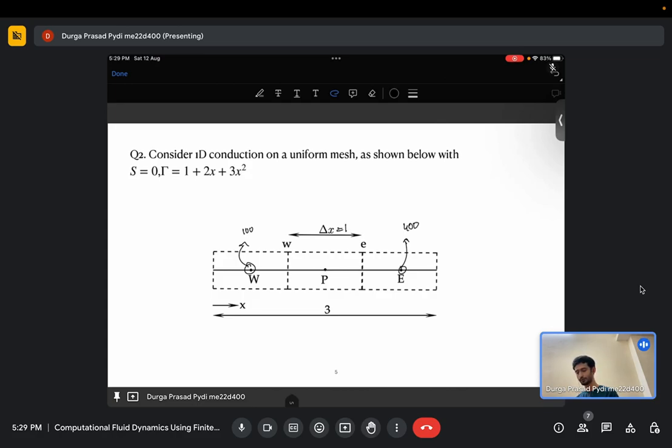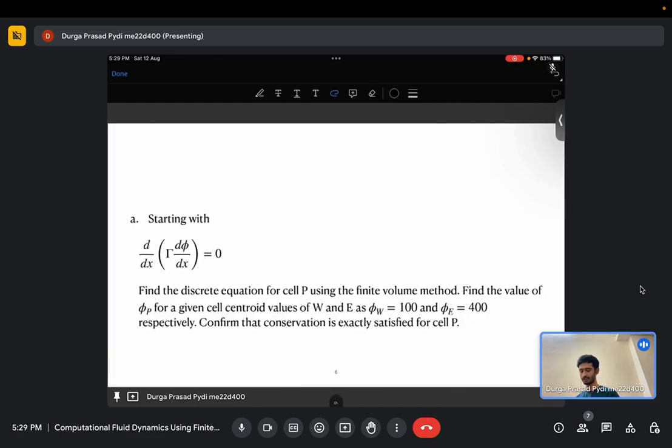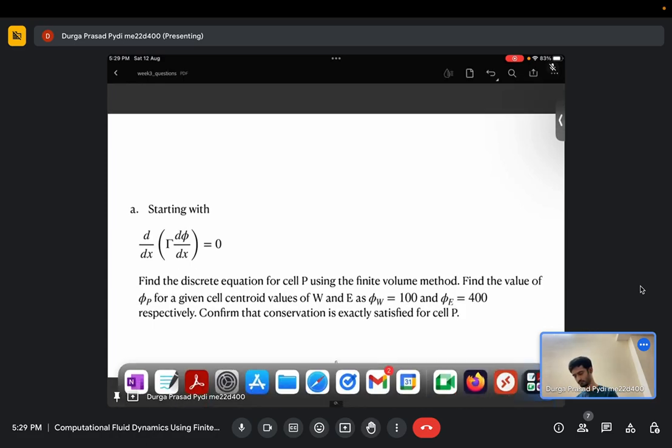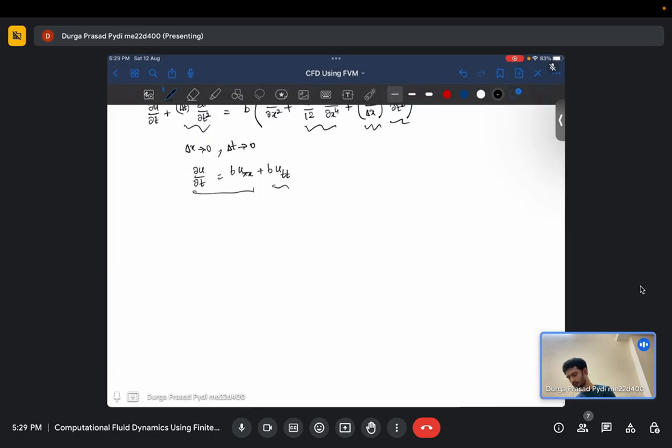The question asks you to find the value of phi p, provided the governing equation is this. It should be fairly straightforward. So you essentially have gamma equal to 1 plus x, and your domain is essentially 3 units.